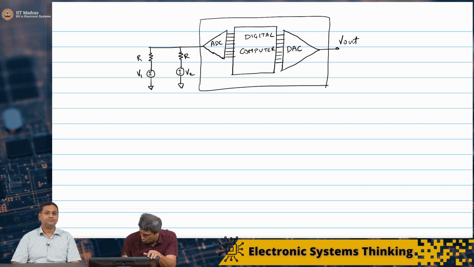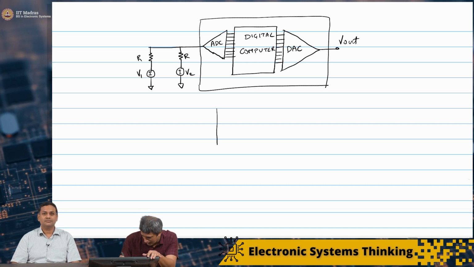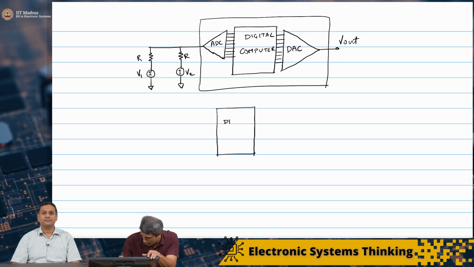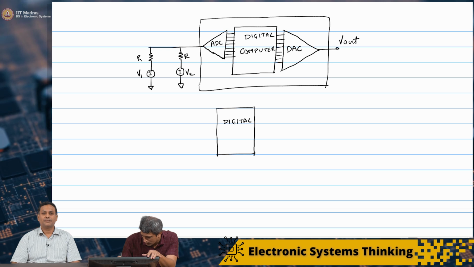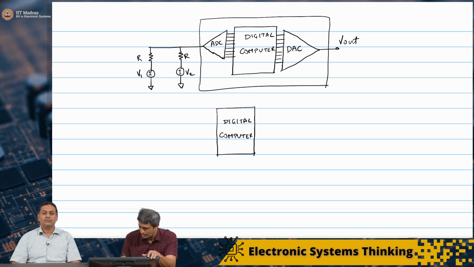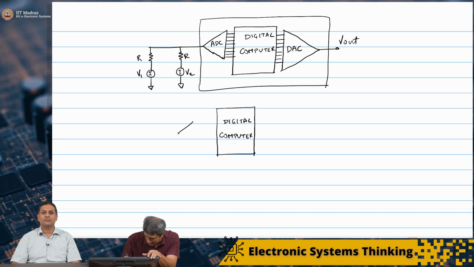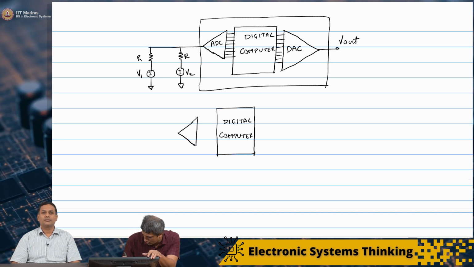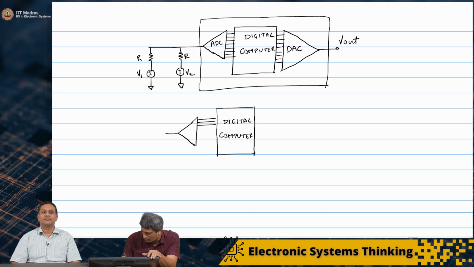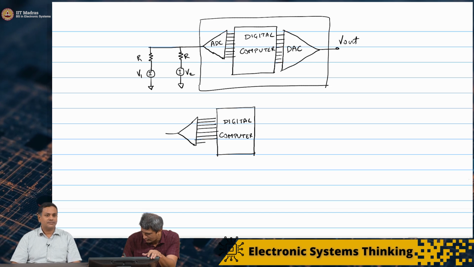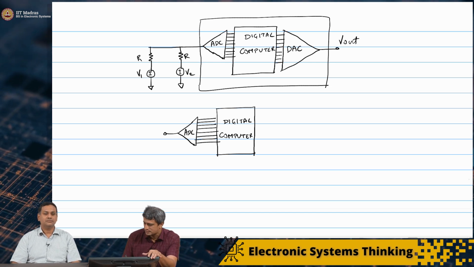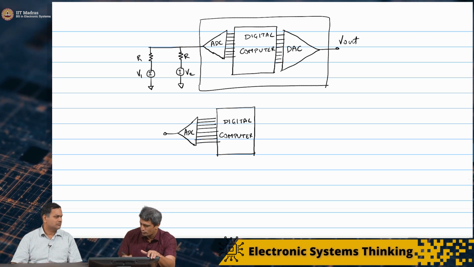So if I were to look at that, I again take a digital computer here, and let us say it has, like we saw in that motherboard, an ADC, and this accepts either V1 or V2.